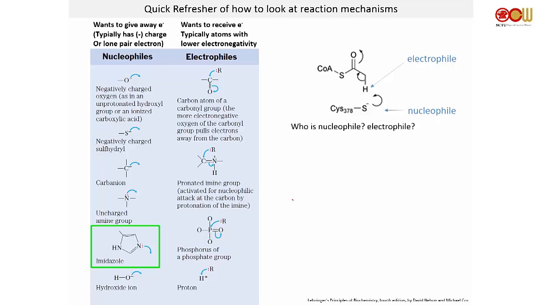This is the functional group for histidine. We said that the pKa for this is 6, meaning this nitrogen right here can very easily take a proton or give off a proton at physiological conditions. This lone pair of electrons can do that too. Lastly, you have the hydroxide ion, just OH-.